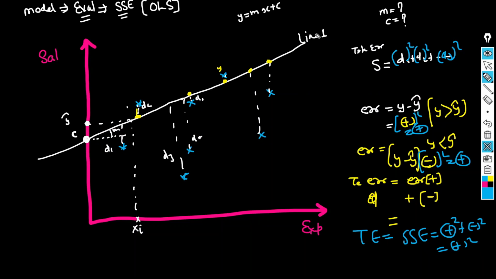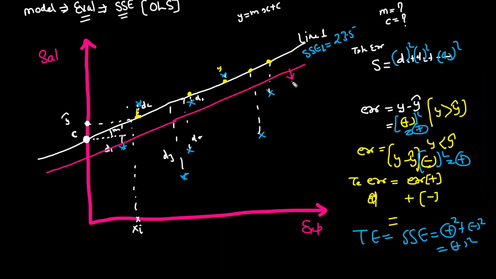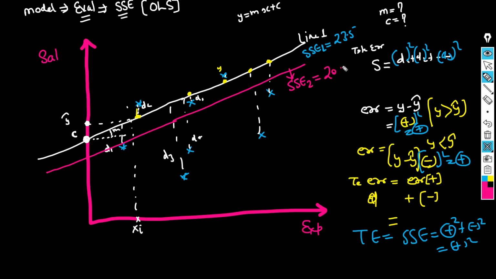So let's say in this particular line I get the sum of squared error 1 equal to 23.5, right? Let's say I draw one more line here. Then again I calculate the sum of squared error 2. This time I got 20.1, right?